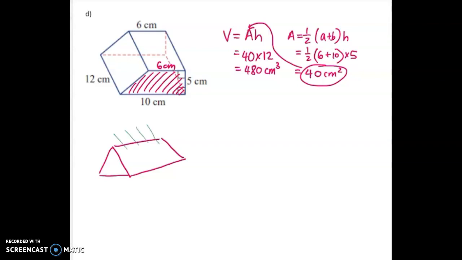So in this case, if we cut through this triangular prism in this way, you'll be able to see that the cross sections have the same shape as the shape at the front of the solid. As soon as you identify that it's a prism, you can then start writing down the volume formula, which is A times H, where A is the area of the cross section and the height is the depth of your solid.